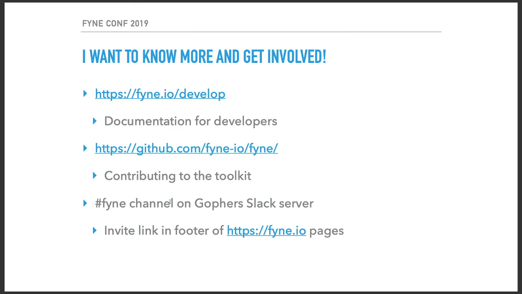And as well as the Twitter handle and the live chat that we've had available today, there is always the Fyne channel on the Gophers Slack server. If you're not on there, then feel free to get an invite. It's in the footer of the Fyne.io pages. The Gophers Slack server is really for all sorts of chat about the Go language, and they are really a great community for asking questions or posing ideas.